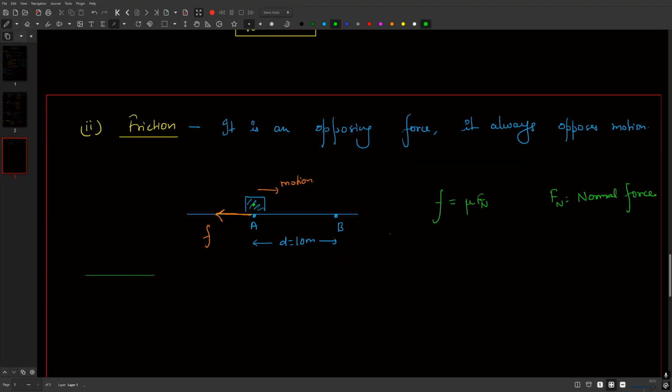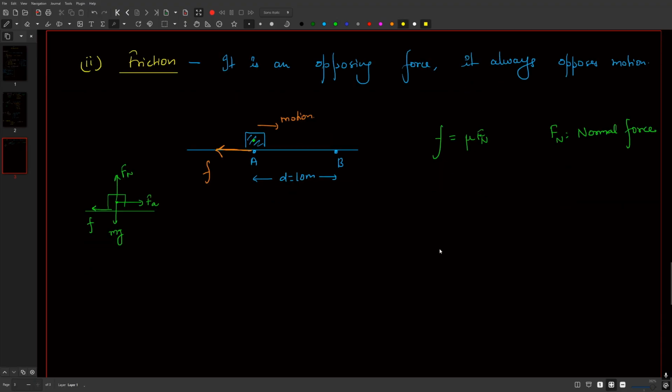So the free body diagram which we have is weight, which is mg, and then we have normal force Fn, then there is the force of friction, and then there is the applied force.